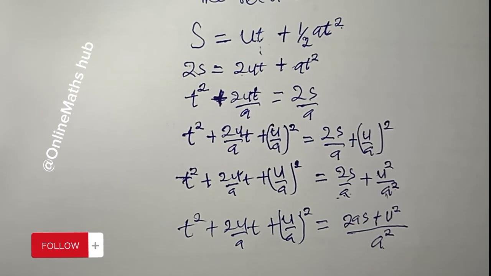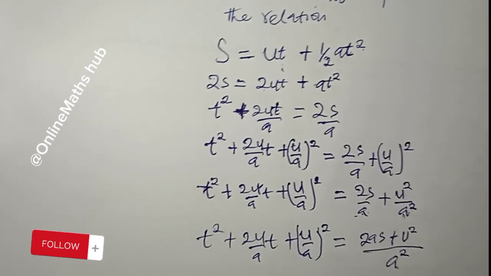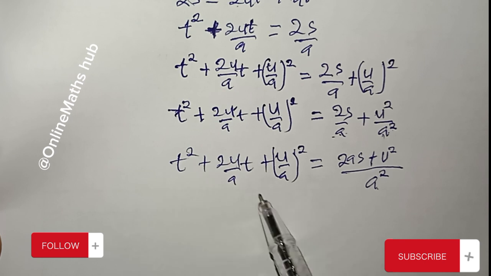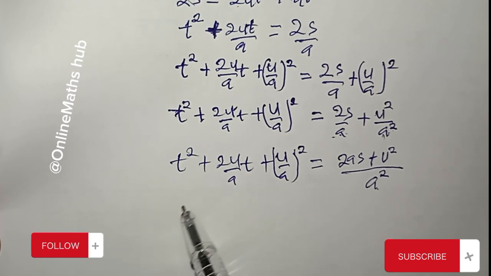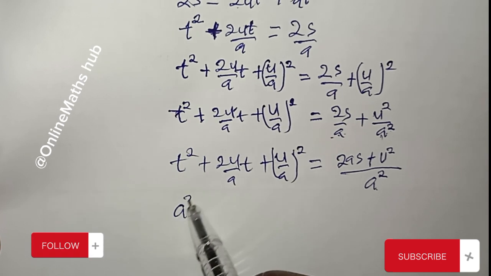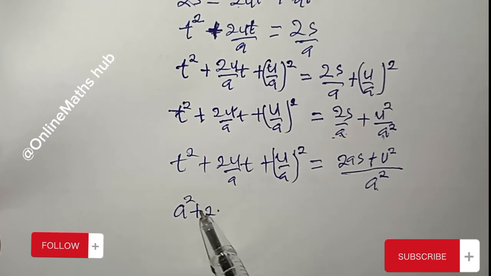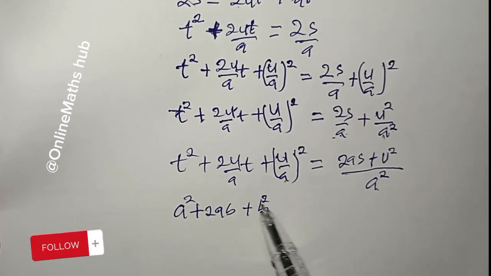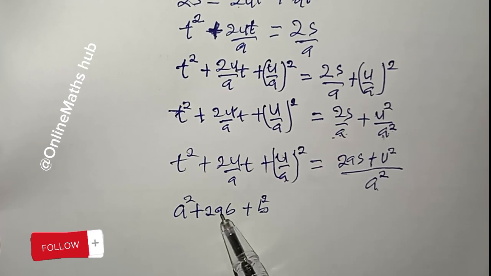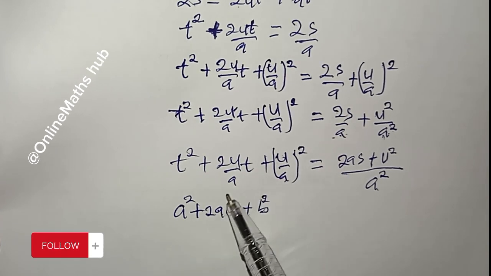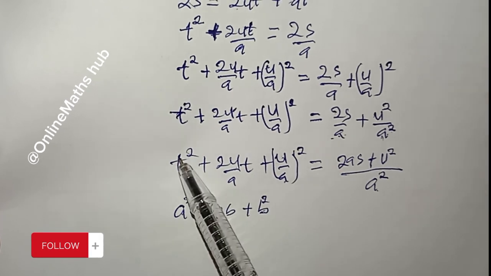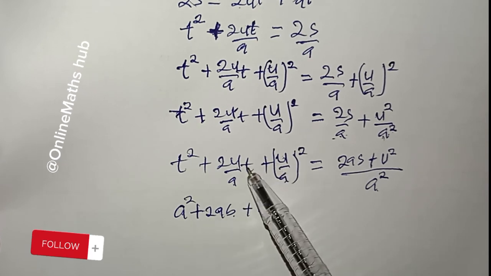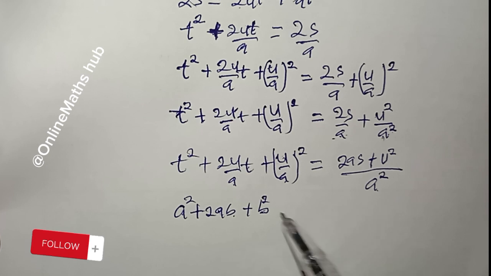Now I am going to simplify this left hand side. If you watch this, it looks like a squared plus 2ab plus b squared, where our b is u over a and our a is t. You can see here that a squared is t squared, and a times b is u over a times t, which is ab.